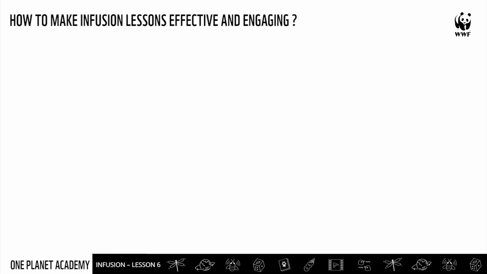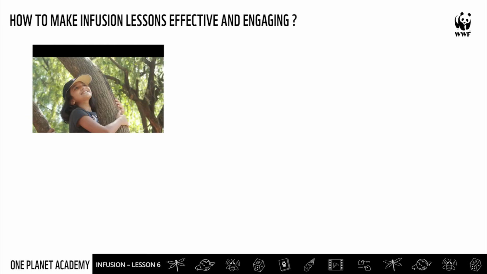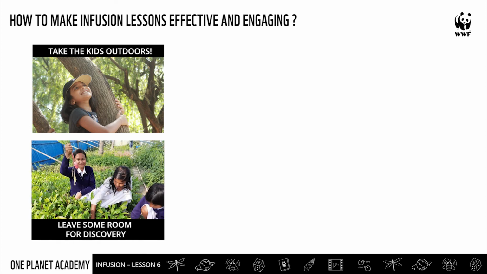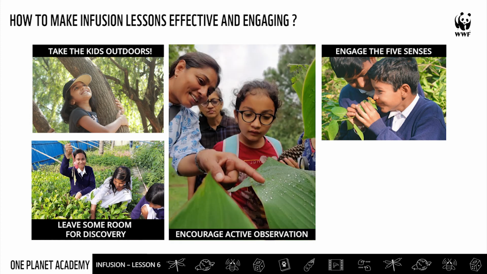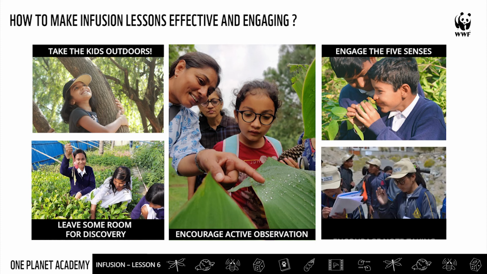For an infusion lesson to be effective, it needs to keep students engaged. Outdoor activities including nature play are known to have many benefits for young learners and older students. Other important aspects are activities that engage the senses, require active observation and free discovery of surroundings, or hone important skills such as note-taking and sketching.